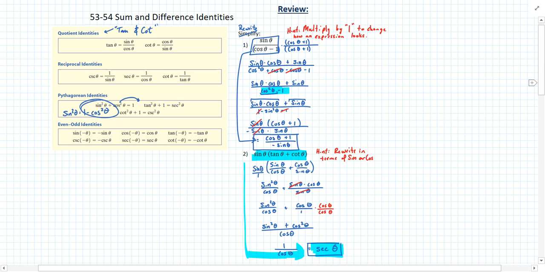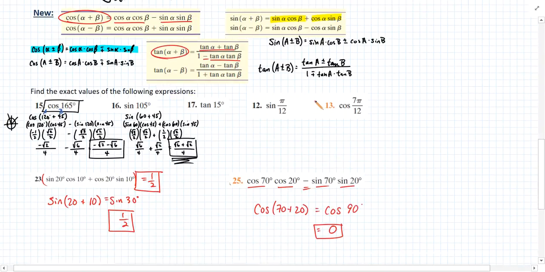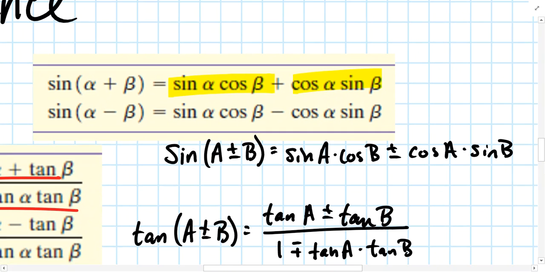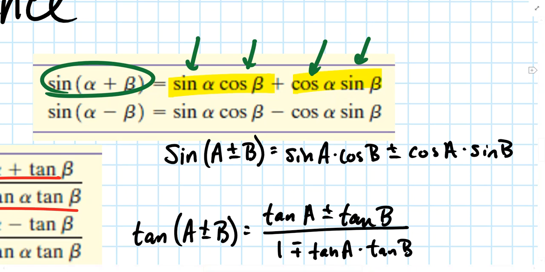And here again, what I'm using is the sum and difference identities from last week. With sine of alpha plus beta, we said we would take sine of alpha times cosine of beta and add that with cosine of alpha times sine of beta.